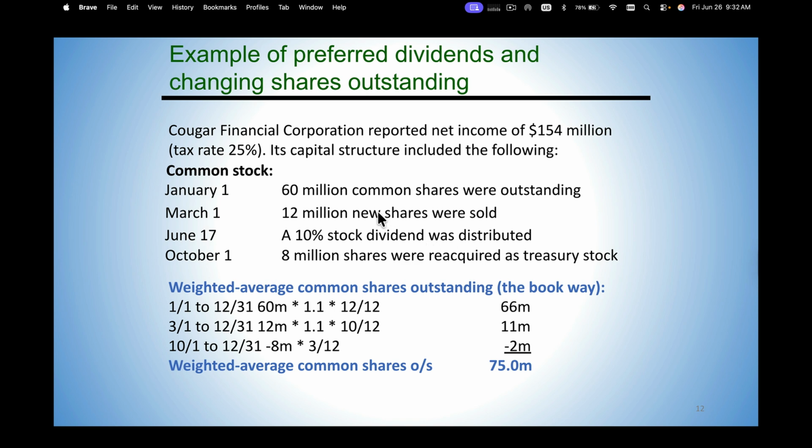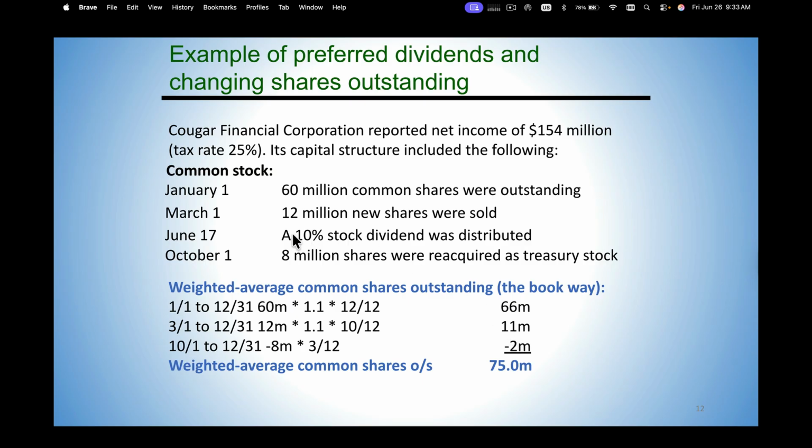And then we added a new 12 million shares before the stock dividend, but we assume that they occurred on January 1st. And that's going to be 12 million times 1.1, which is 13.2 million. For the remainder of the year, 10/12ths, 13.2 times 10/12ths is going to give us 11 million.